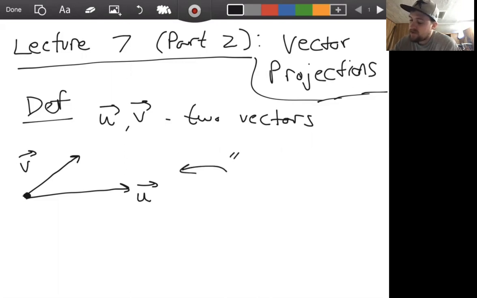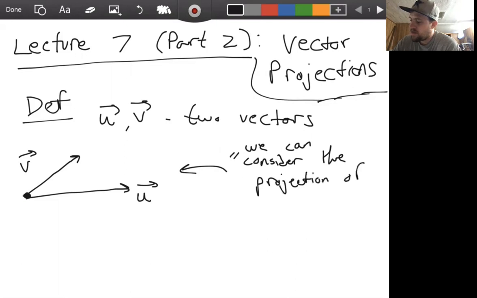We can consider the projection of vector v onto vector u.